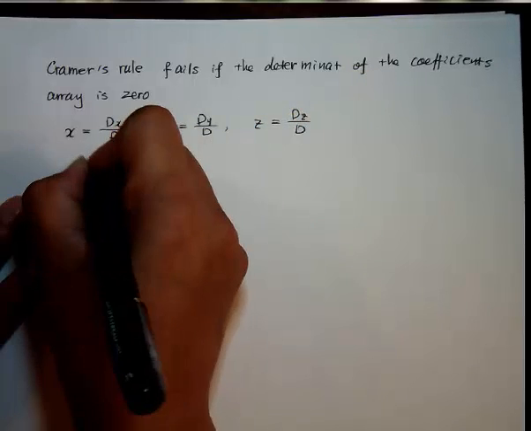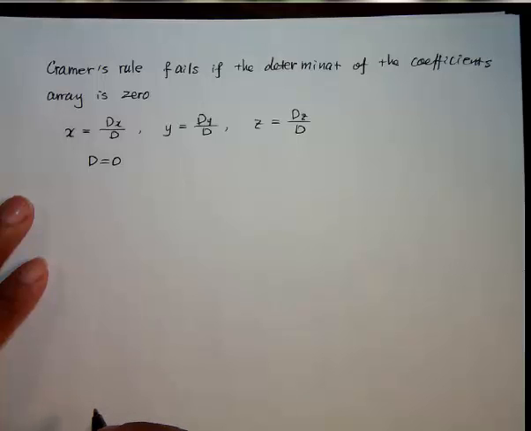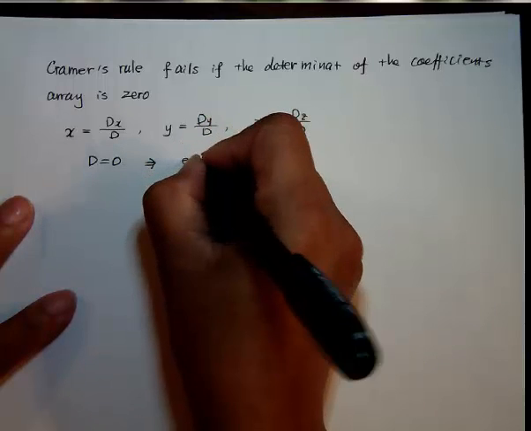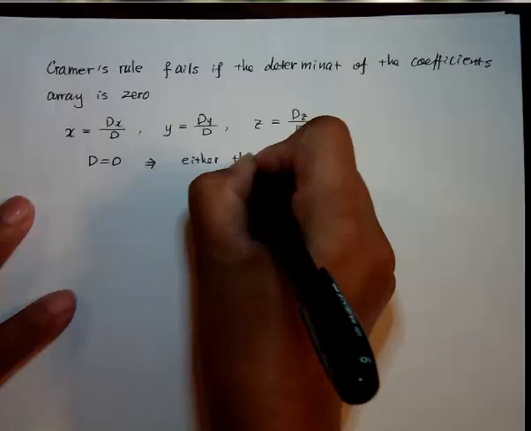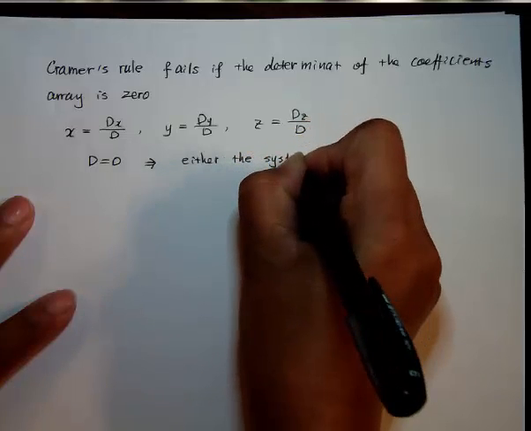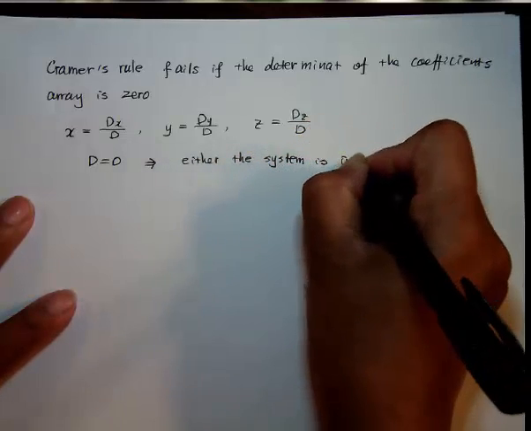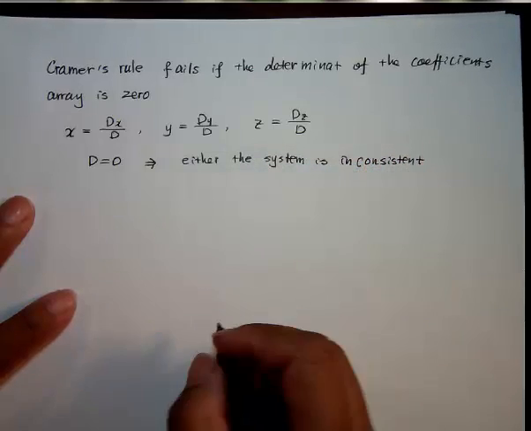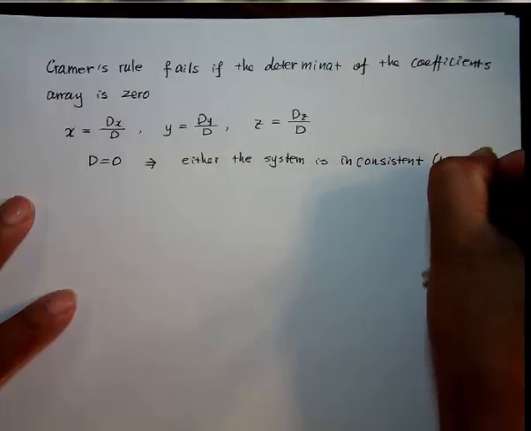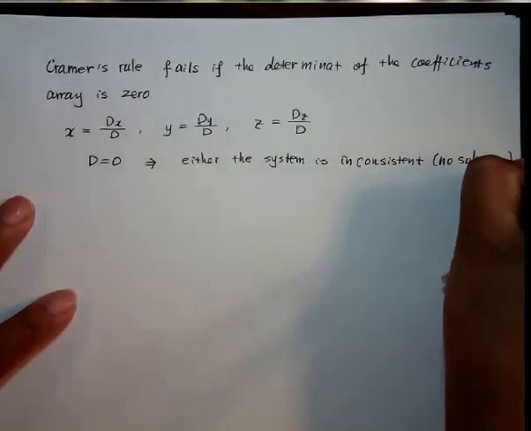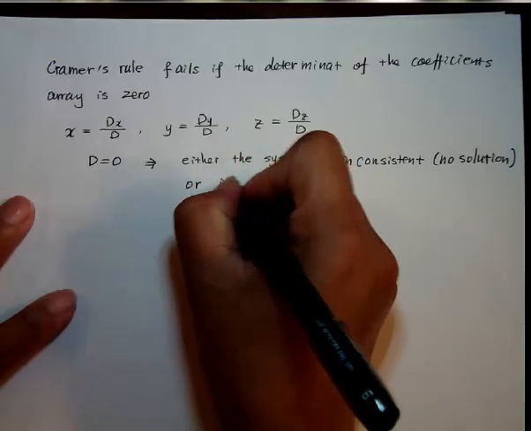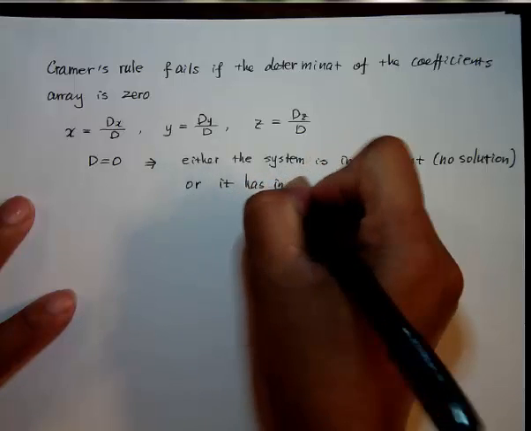If this d equals 0, then Cramer's rule is not valid. So in this case, you can conclude either the system is inconsistent, which means there's no solution, or it has infinitely many solutions.